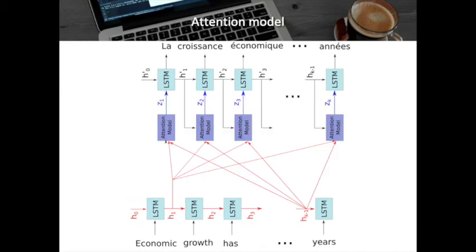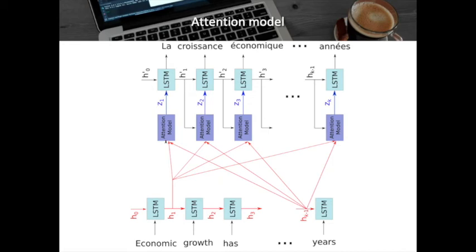Okay, so here's this example. And what we see here is that instead of producing just a single hidden state that corresponds to the whole sentence, now the encoder does produce multiple hidden states HI that do correspond to each word.